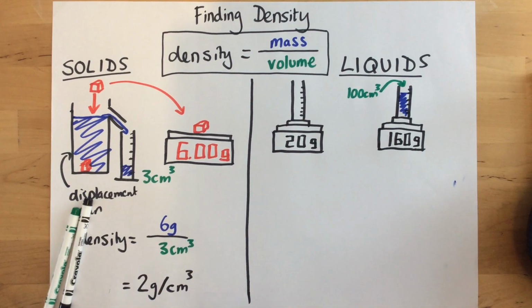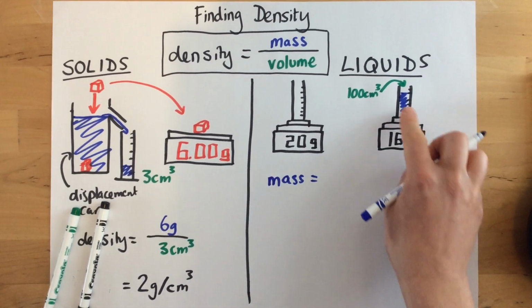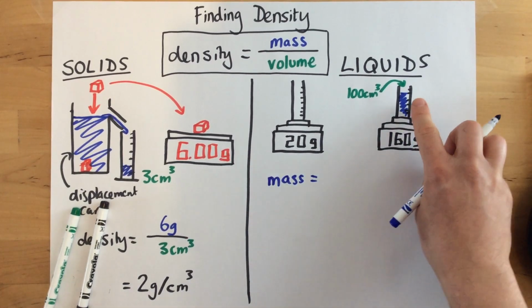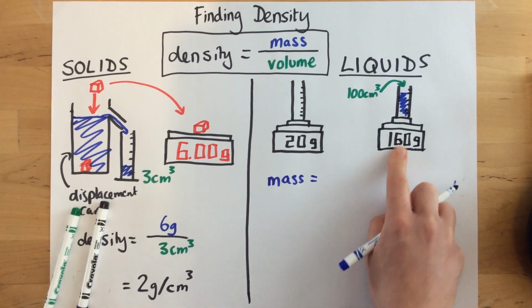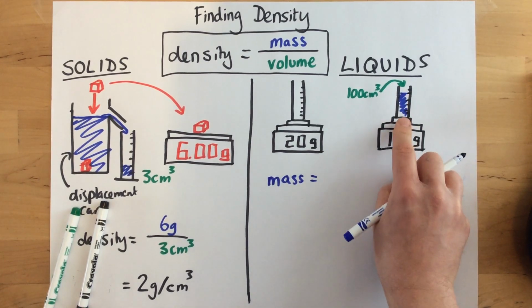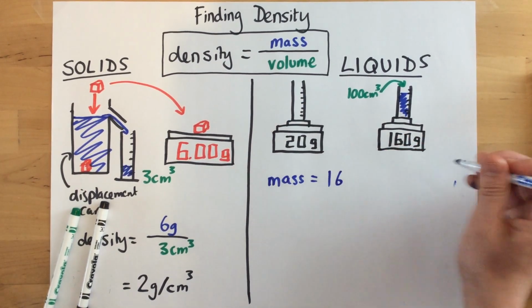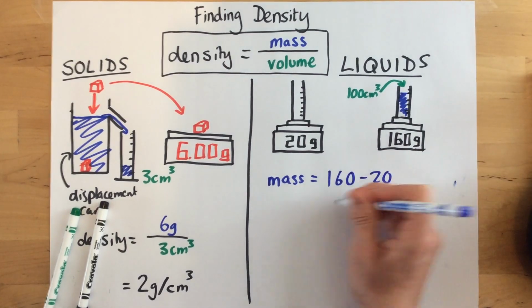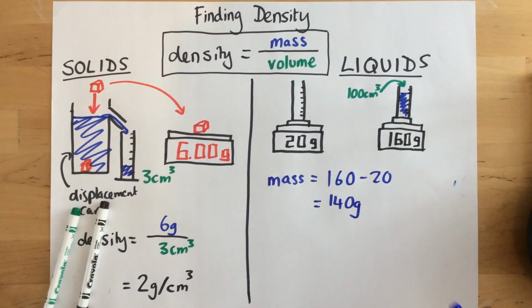What I need to do next is find the mass of the liquid just by itself. To do this, I'm going to take the total mass of the measuring cylinder containing the liquid and take away the mass of just the measuring cylinder. So that's 160 take away 20, which equals 140 grams.